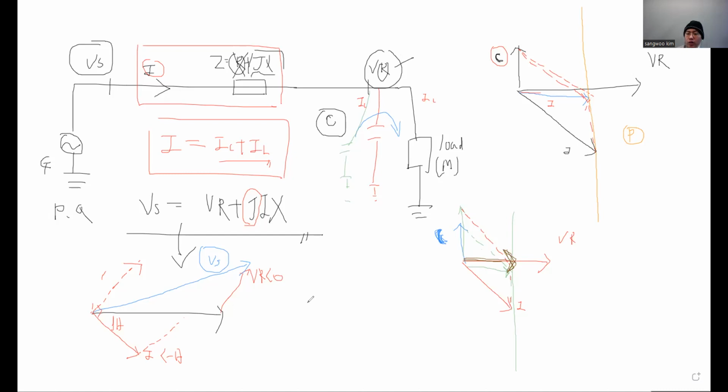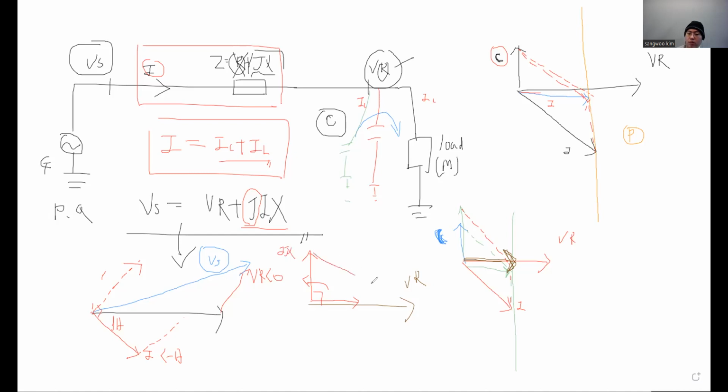And how do we draw it? Okay, VI. I is here, right? But I is JX. I multiply JX, and J is 90 degrees preceding. So here, 90 degrees, so I, J, X is here.